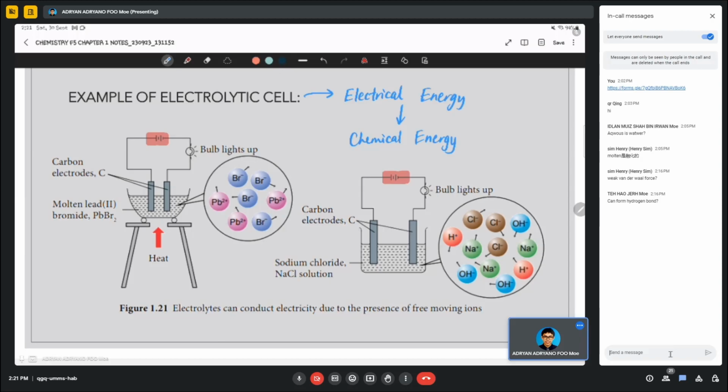Alright, so you see molten lead 2 bromide。所以每一次 this is a tip that I want to share to you 啦。Whenever you get the question paper，无论是 voltaic cell or electrolytic cell, the first thing you do is what? 你写它有什么 ions 在那个液体里面。Okay, like this molten lead 2 bromide，我直接写下来。我有什么？我有 Pb2 plus and Br minus.